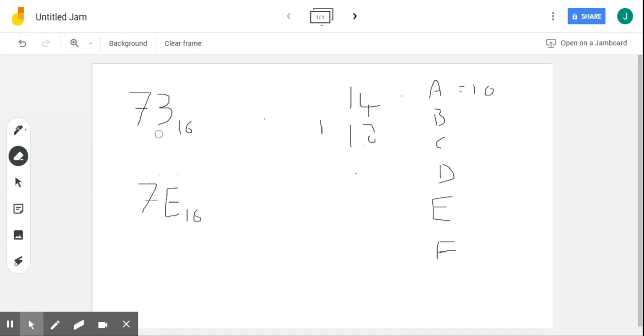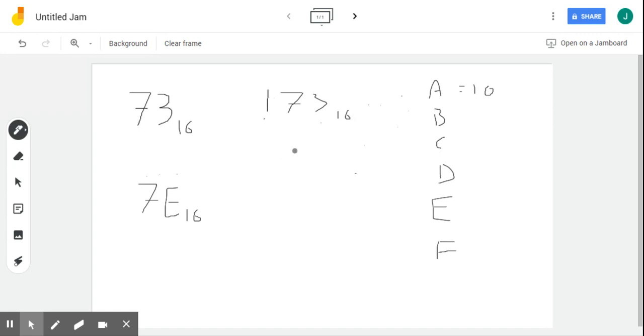So digit 1, digit 2. You can have higher, just like in normal numbers, we can have 2-digit numbers, 3-digit numbers, 4-digit numbers, etc. We can do exactly the same in hex. If we had a 3-digit hex number, I'm going to do 173 base 16.